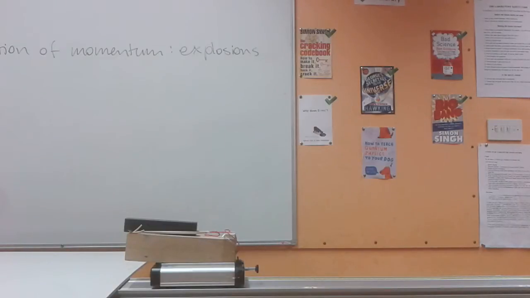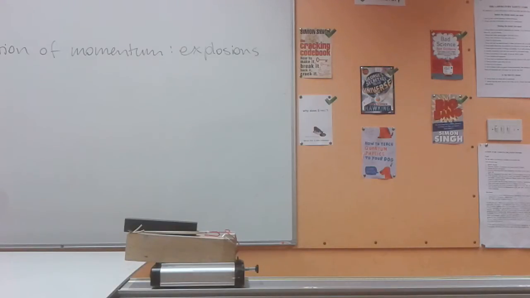If the weight goes shooting off to the left, then we've just created momentum, which is not allowed, because we've just said that this is a closed system with no external resultant forces acting. So the weight can't just fly off to the left. Something must move to the right to cancel that out.